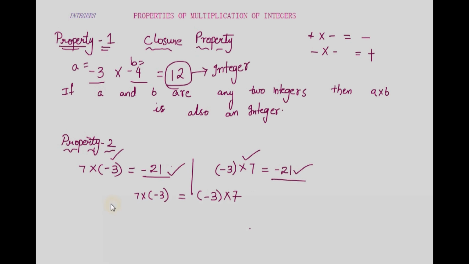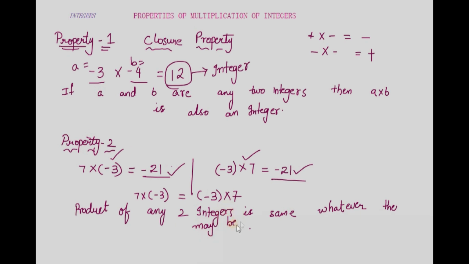Product of any two integers is the same, whatever the order may be. Here the order is not important. Whether it is reversed or in the correct order, the product will be the same.